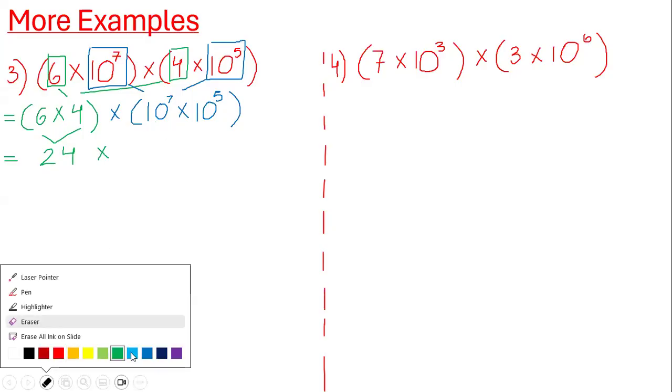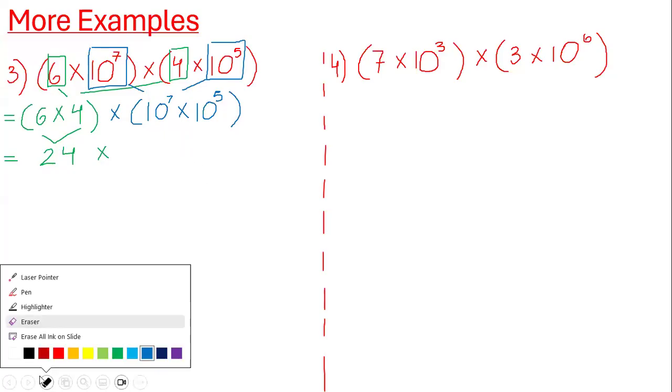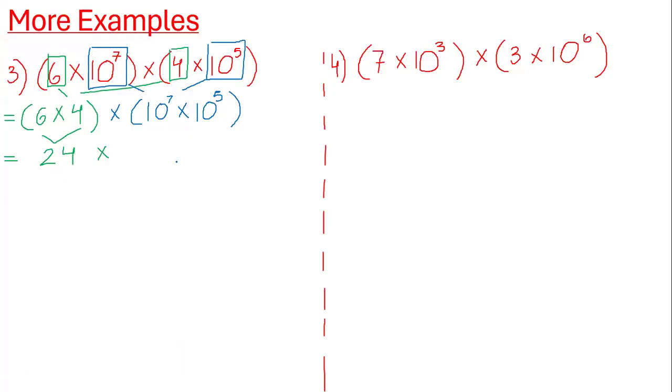So we have 10 to the power of 7 and 10 to the power of 5. So it's gonna be 10 to the power of 7 plus 5.